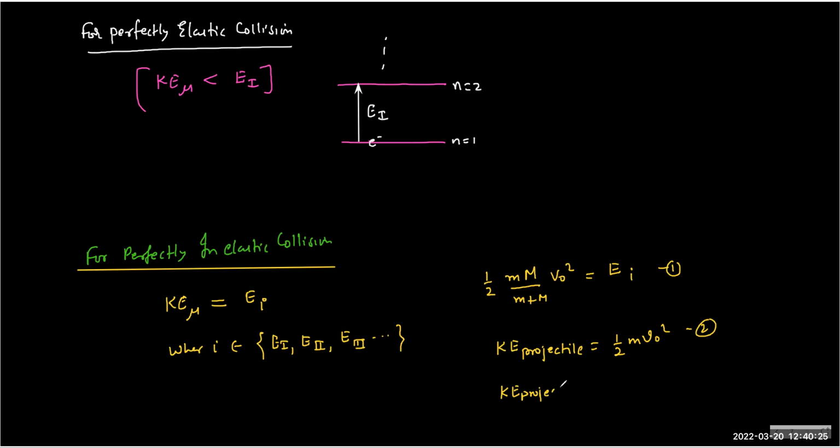So the kinetic energy of the projectile, if you just segregate this part, will be equal to small m plus capital M upon small m, into the energy of excitation, and this kind of question will come. And this will be equal to 1 plus, I made a mistake, I think.